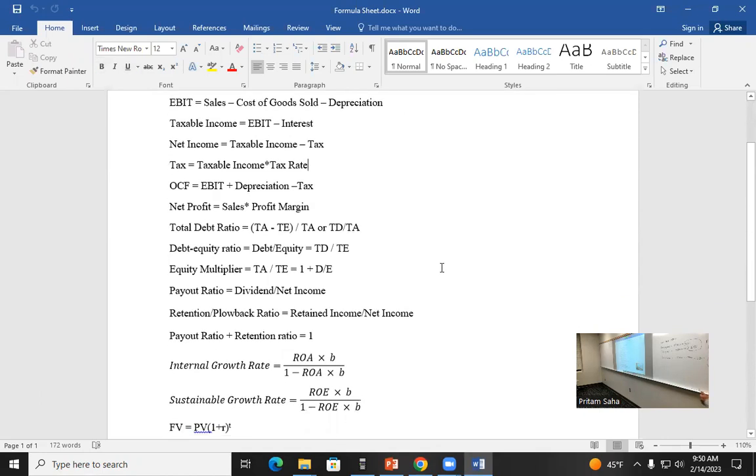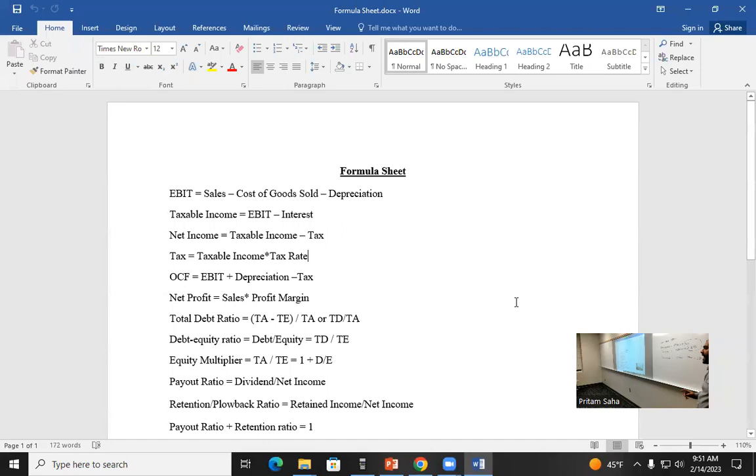So for the midterm next week, I already uploaded the formula sheet. This is the same thing you're gonna see on the back of your test. But I'm giving it to you early so that you are familiar with what is expected on the test, right? So you can practice, you can print it out and practice with it.